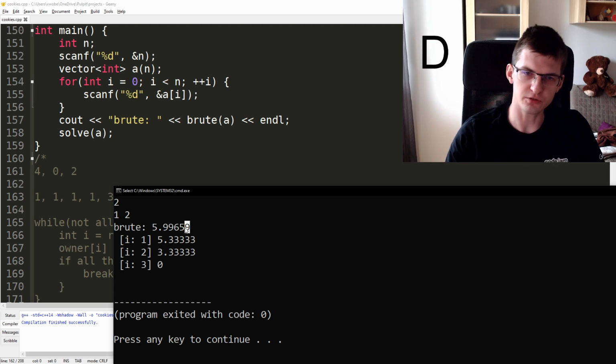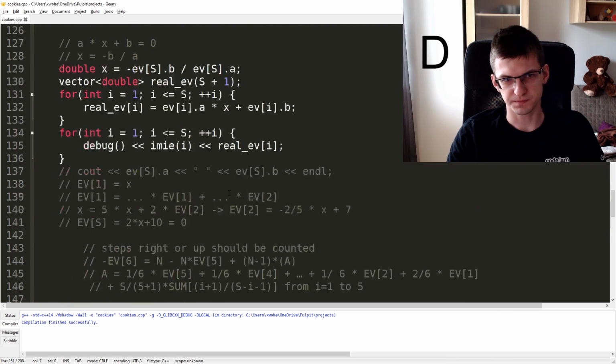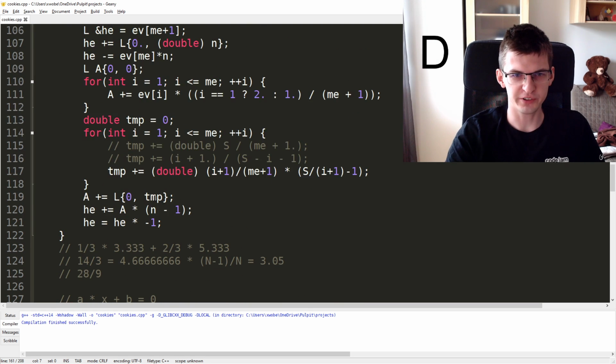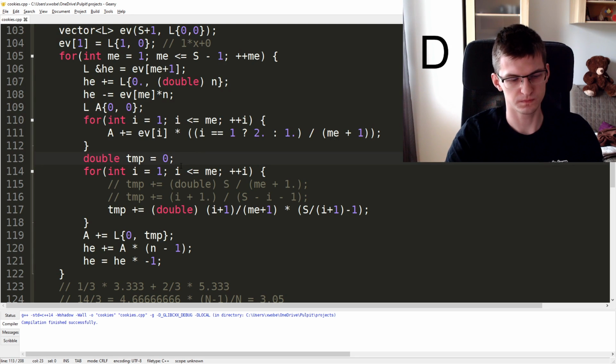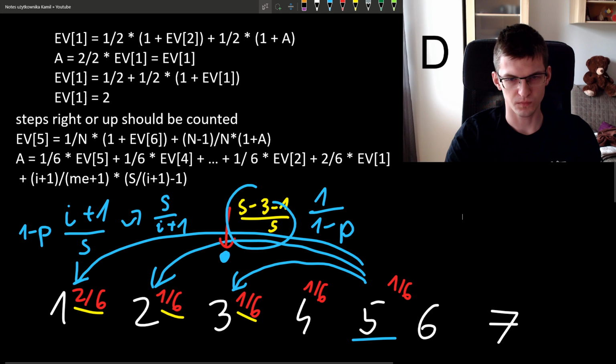Well, something is wrong. Something is wrong. I need to just simulate the equations for s equal to 3. Can I do anything else?